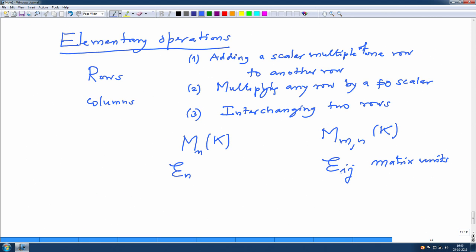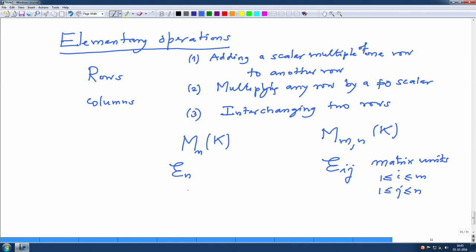The ijth entry of the matrix is 1 and all other entries are 0, and that makes sense for any arbitrary m cross n matrix. This is a basis for this vector space, of dimension mn, where i varies between 1 and m and j varies between 1 and n.